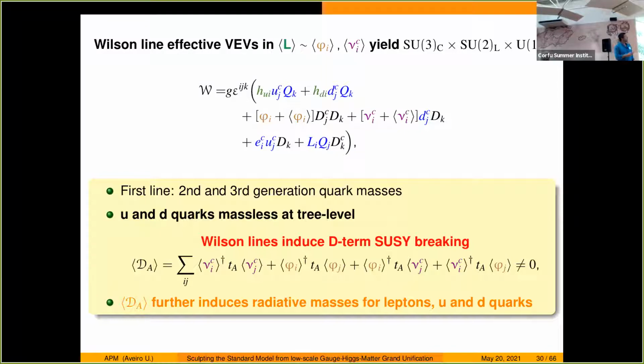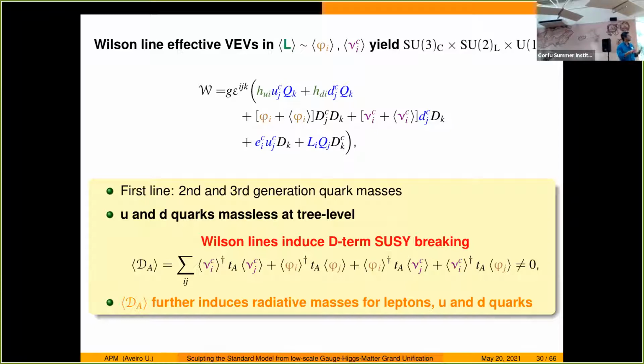Another nice thing happening here is that the Wilson lines induce D-term SUSY breaking. So the D-term acquires this structure and it doesn't vanish. And this is crucial because this will then propagate into loops.